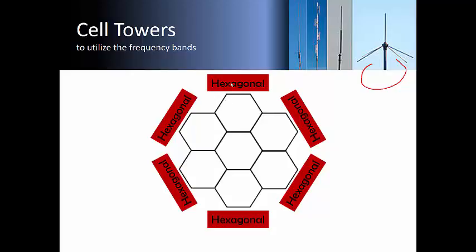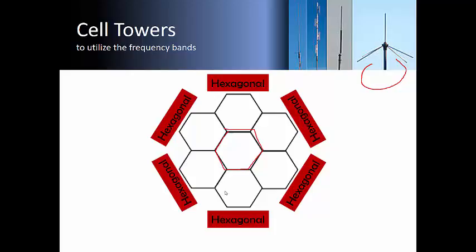Okay, hexagonal. So we have a hexagon. The beauty of a hexagon is that if we have this hexagon, then this whole thing as a cluster is also a hexagon. See, here we have one hexagon in the center. That's a hexagon, right? A cluster of that is also a hexagon.